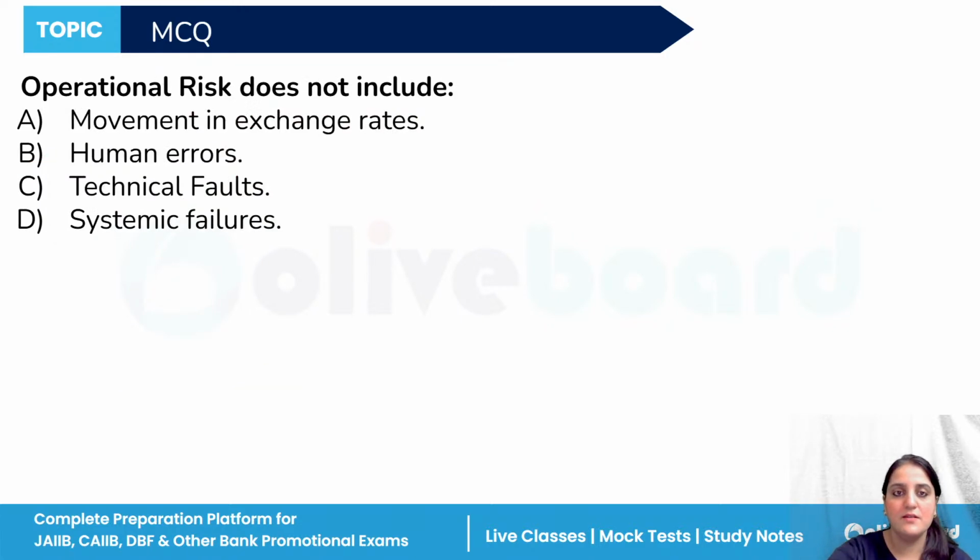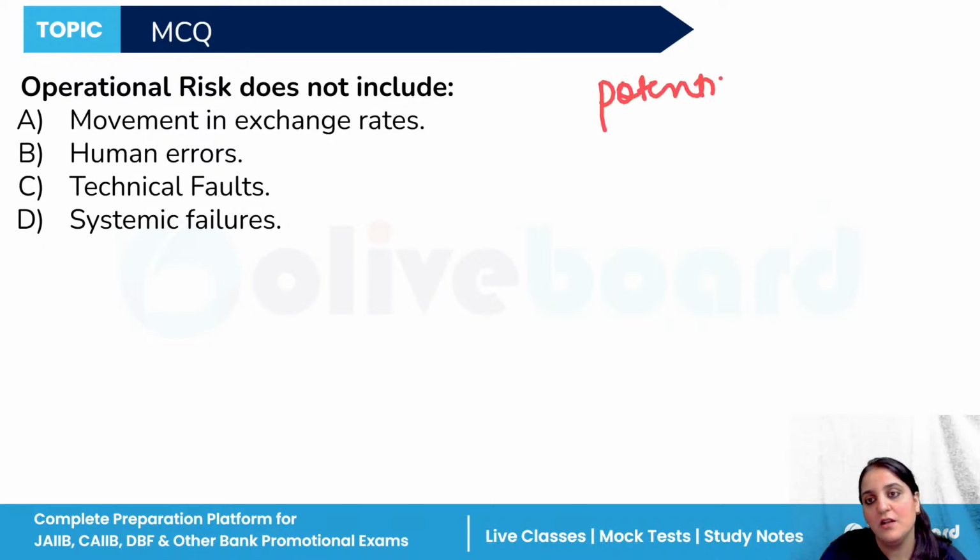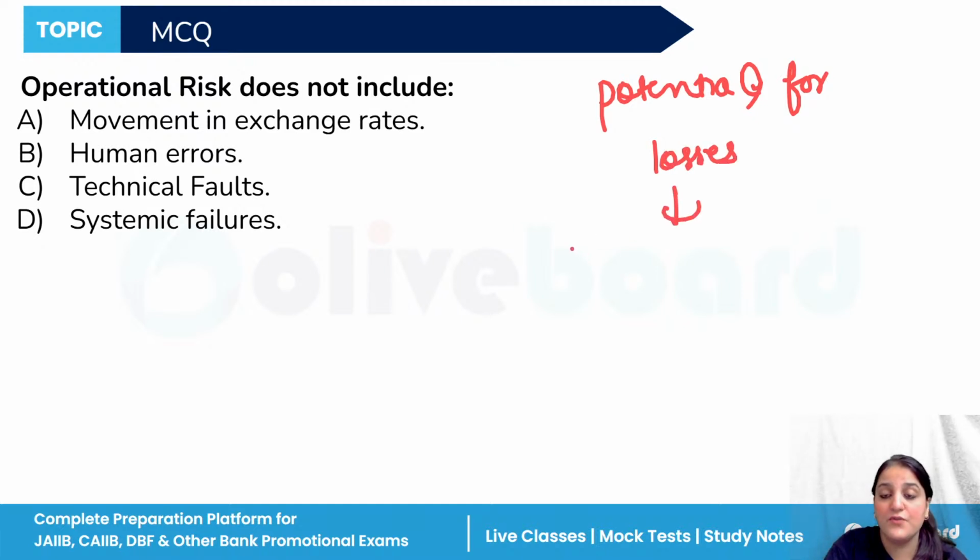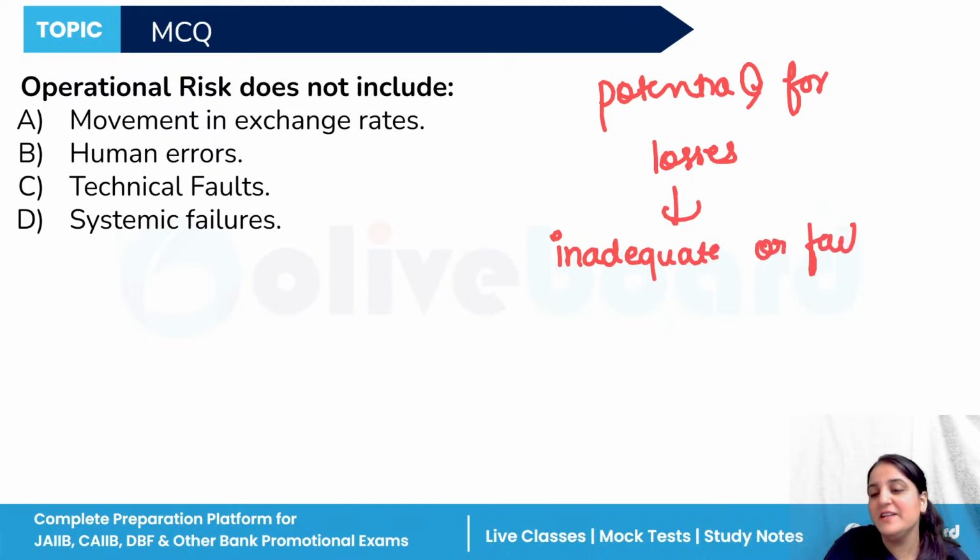Moving to the next one. Operational risk does not include which one of the following? And we know what the meaning of operational risk is. It basically refers to the potential for losses which result from inadequate or failed internal processes.